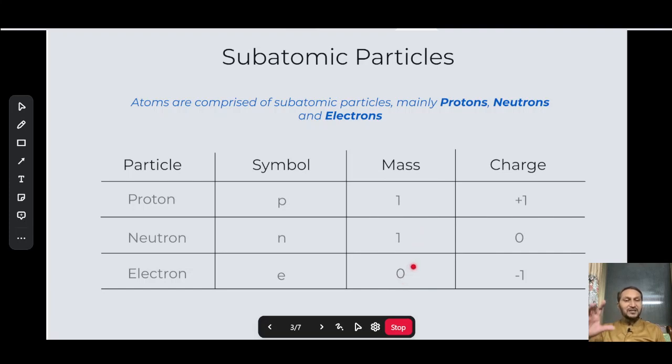So the mass of the atom will be determined by the protons and neutrons. So that's why, while considering the mass number, we will count the number of protons and neutrons in an atom.